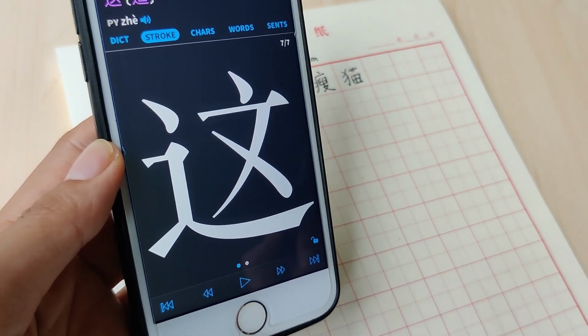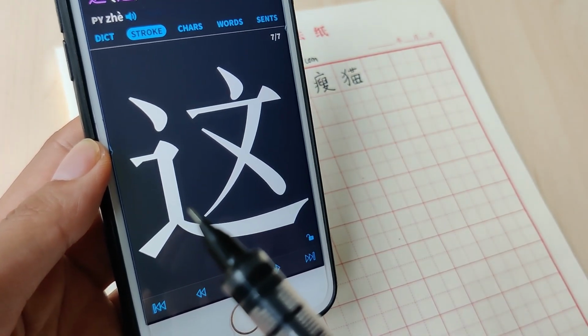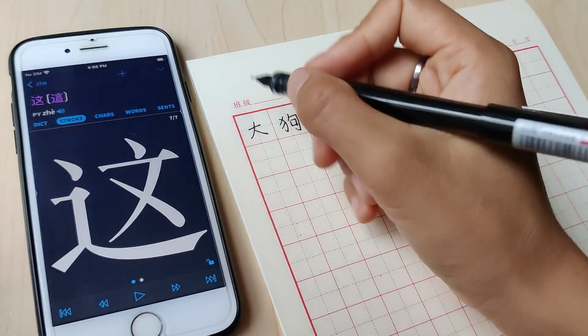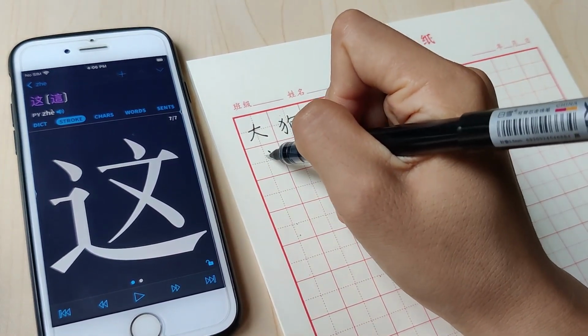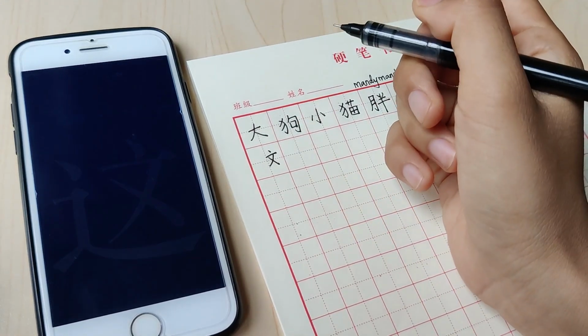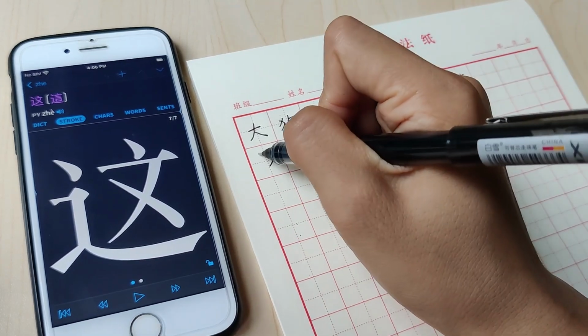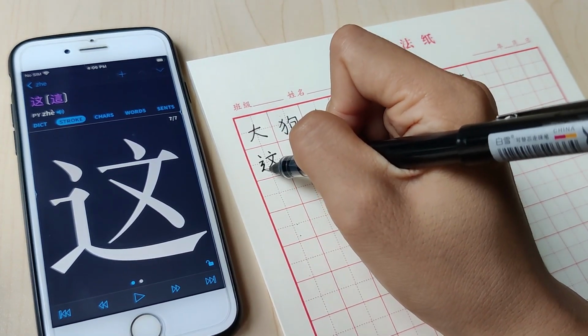But in this case, we are gonna write from inside to outside. We will start from here. So we go 1, 2, 3, 4, and then 5, 6, 7.